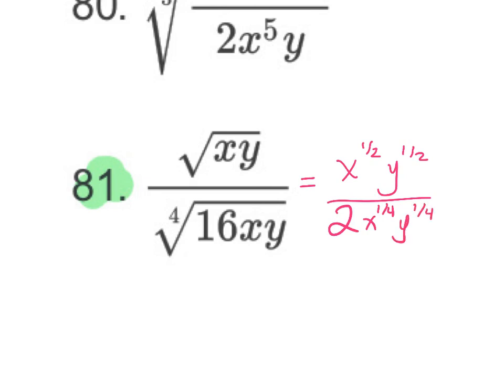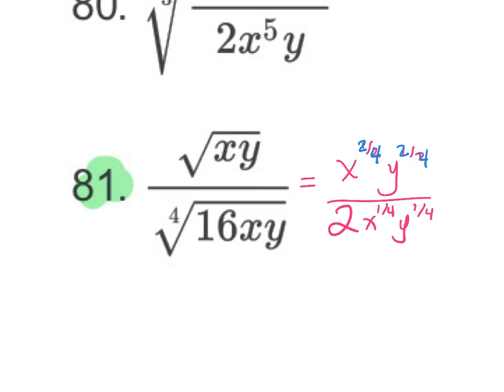Agreed? All right. So I have the same bases that I'm dividing. What do I have to do to their exponents when I'm dividing same bases? You subtract. Would you guys agree with me that 1/2 is the same as 2/4? Yes? Okay, so I'm just going to change this to 2/4.